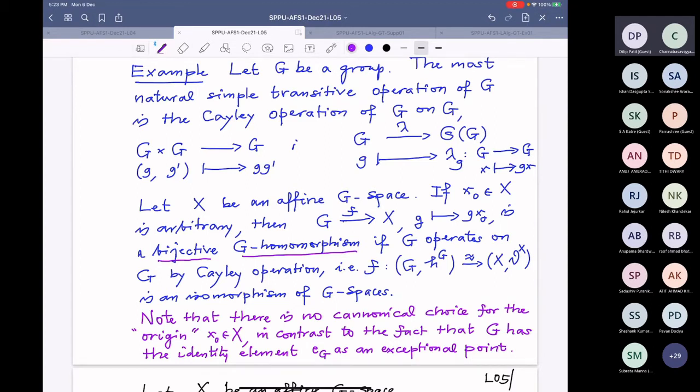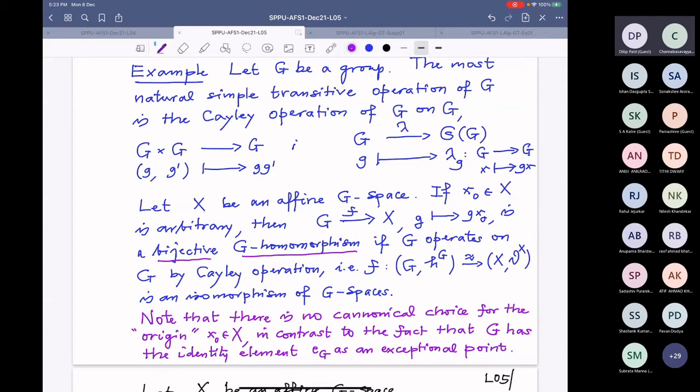I want to say this map is bijective and it is a G homomorphism, if G operates on G by the Cayley operation. So I have this affine G space X, and I have G with the Cayley operation, which is also an affine G space, because we have checked that this Cayley operation is simple transitive. And I have given you a map.